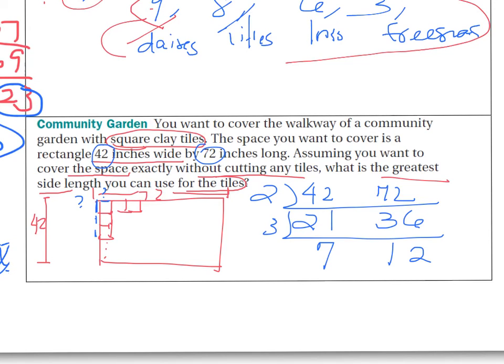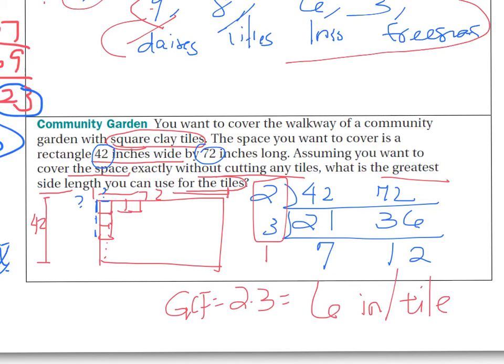And then we stop here. So we take 2 and 3, we multiply them together to get a GCF of 6. And it will be inches. 6 inches per tile. Okay, well 6 by 6, okay?